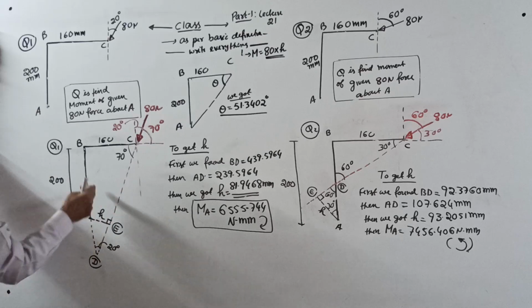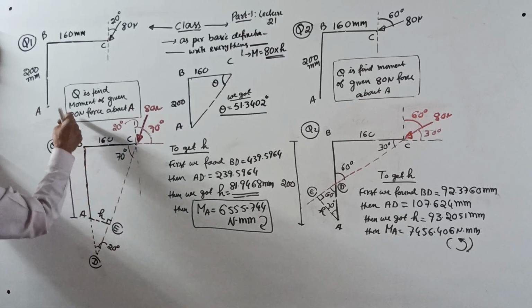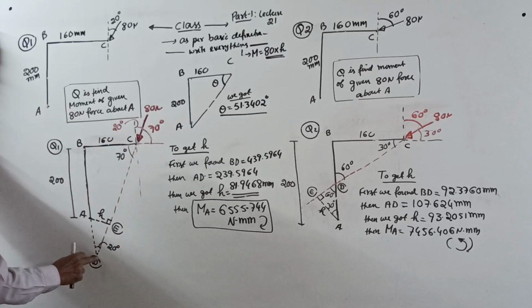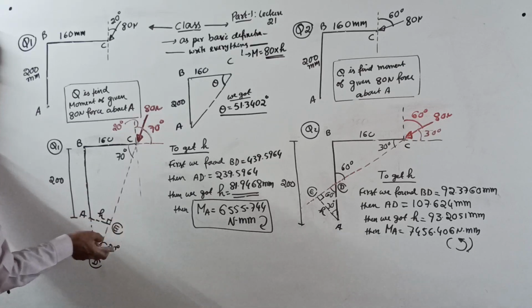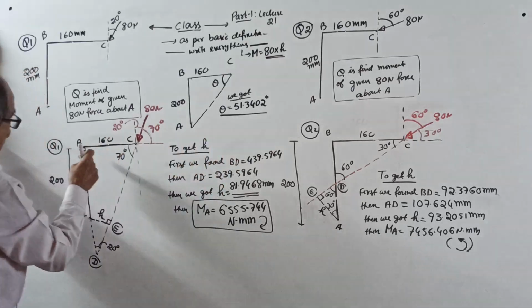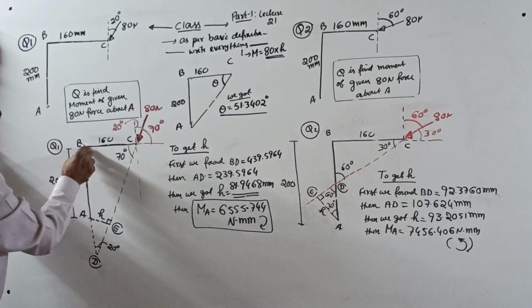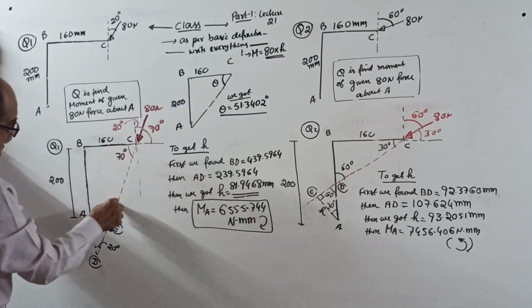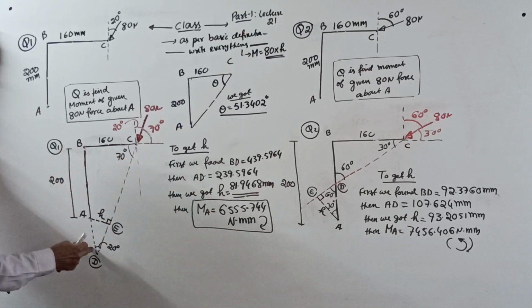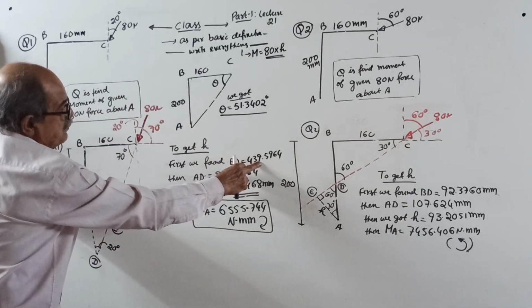He extended it and let it cut the BA line, extended at D. Then from A, draw a perpendicular. First, he found B to D using this right angle triangle, which came 439.5964.